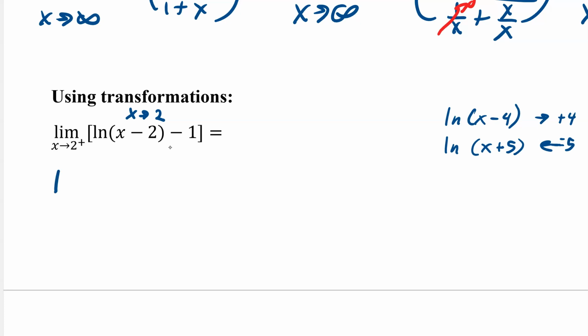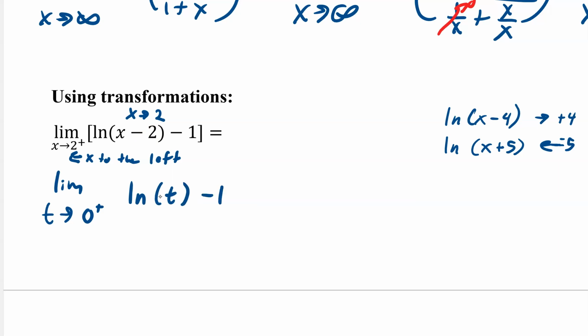So on this, I need to take this and go x to 0 plus, but I can't use x. We really shouldn't. We should change the letter. I need this to be t approaches 0 plus, which means I need to shift this whole thing. All the x's need to go to the left. And so if I'm going to the left, that means I need to add. So I'm going to take this minus 2 and add 2. And so this would become natural log of t minus 1.